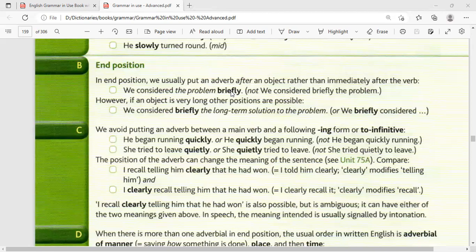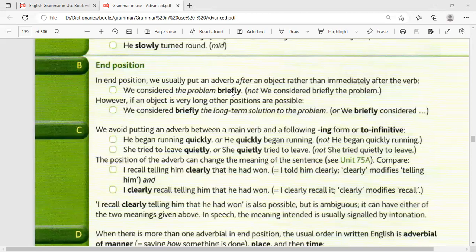However, if an object is very long, other positions are possible. How? Look at this example and you will understand.